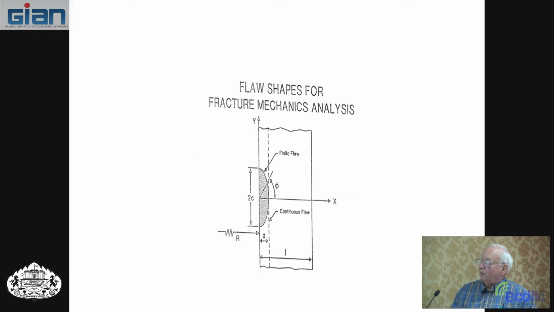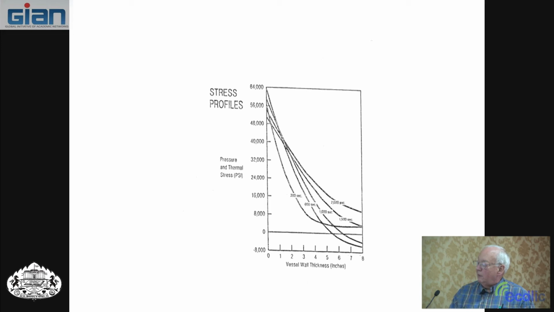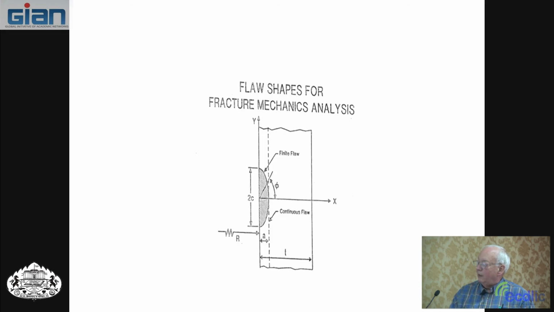Now they also said there may be a crack, and they used what they call reference crack. The reference crack was about a quarter of the thickness. So in this case, 8 inches thick, it would be about 2 inches in, and then 6 times that, so 12 inches by 2 inches. That's quite a big crack, but that's their reference flaw. And remember, this is all hypothetical game playing. It's not real stuff.